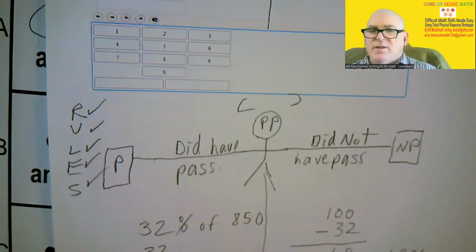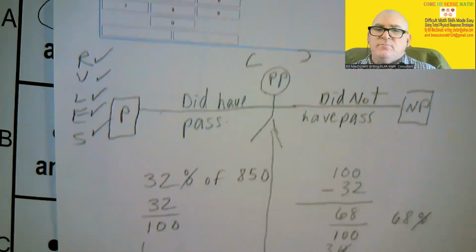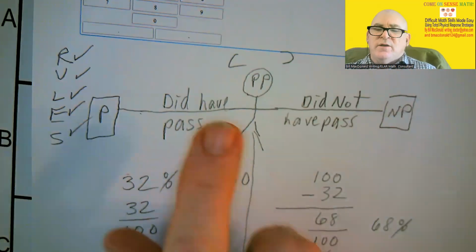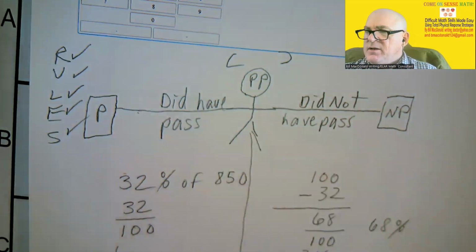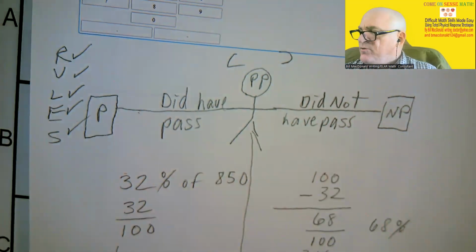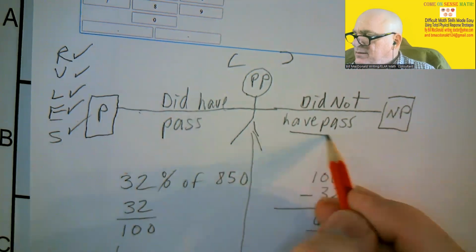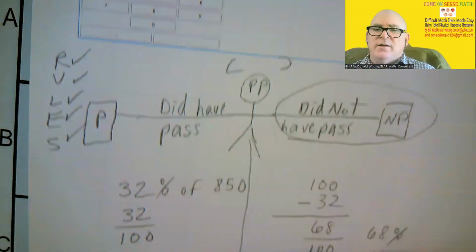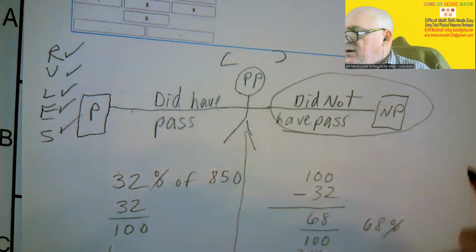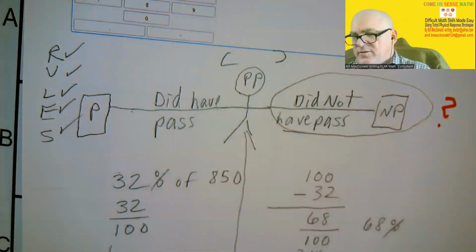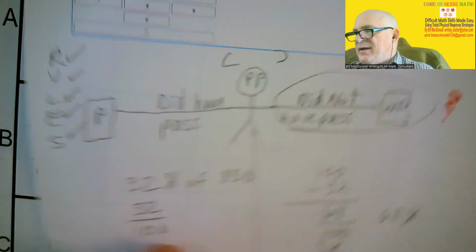So what I recommend is to make sure that your students have the side, and because they're asking for the did not, they need to focus on that side and remember what I was saying, when you follow the yellow brick road, we have to make sure we know that answer.